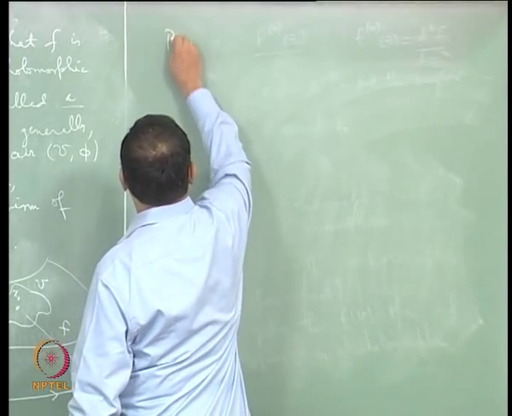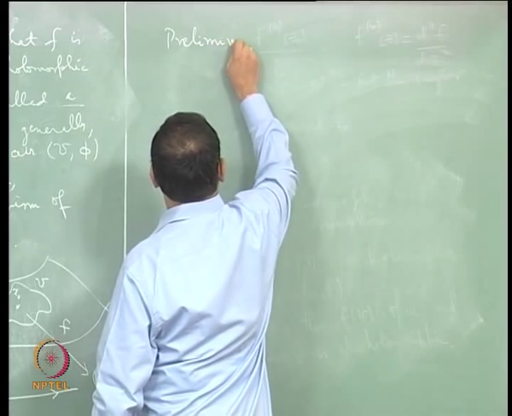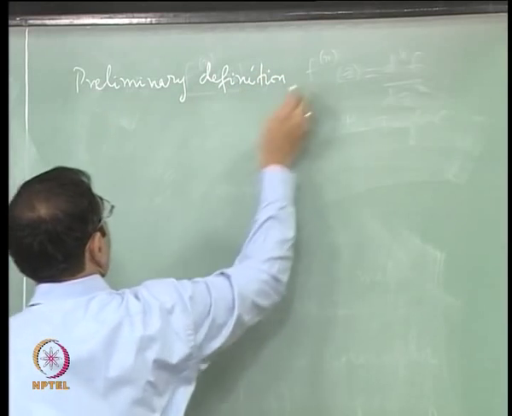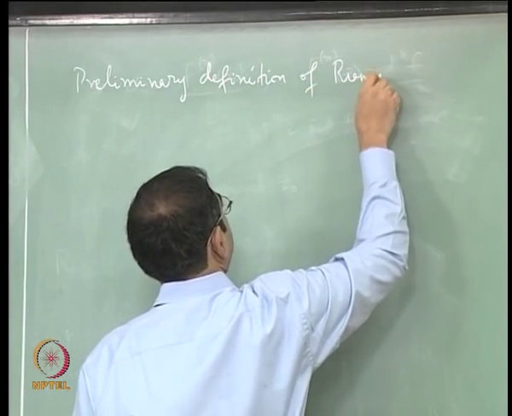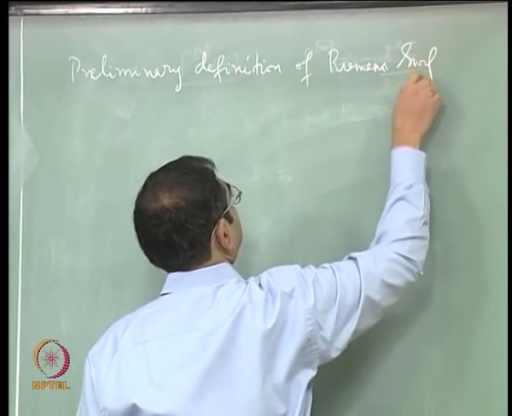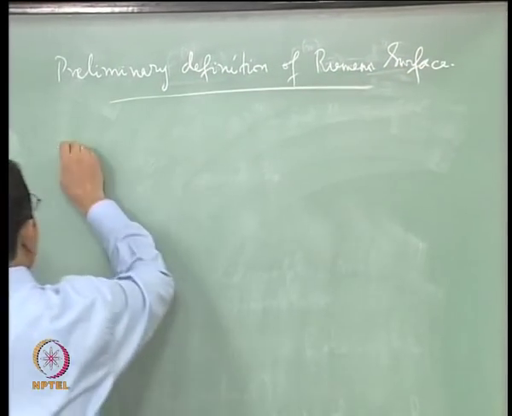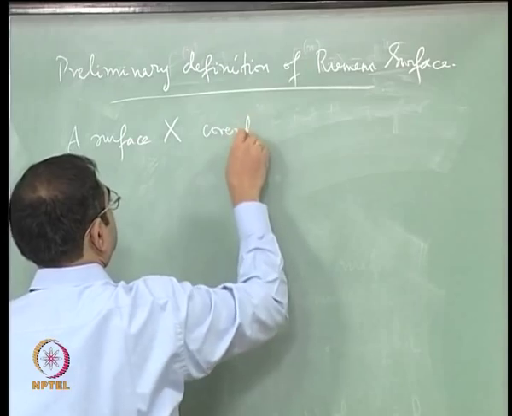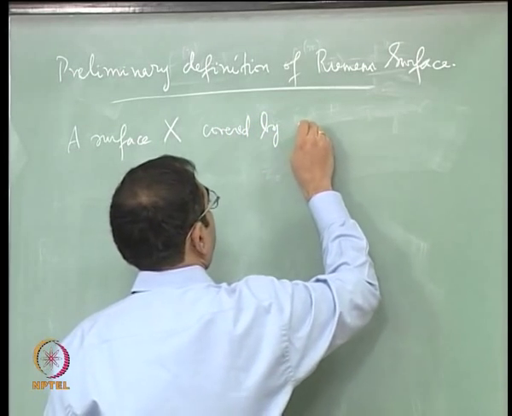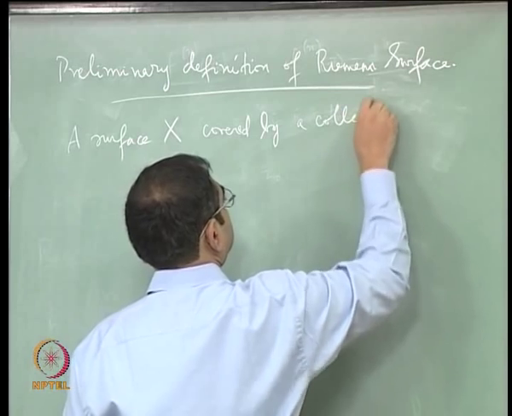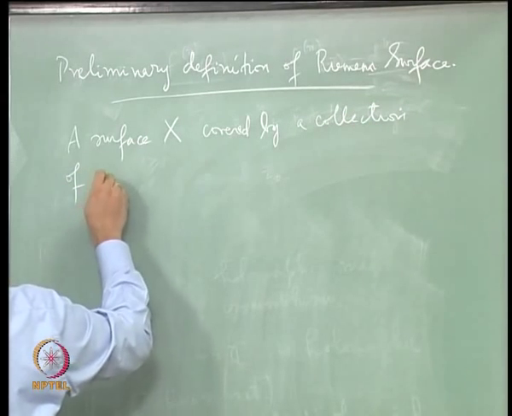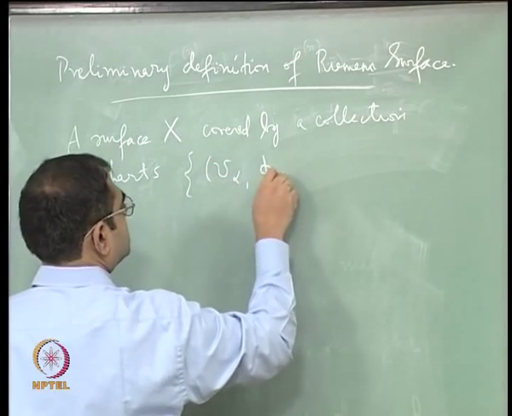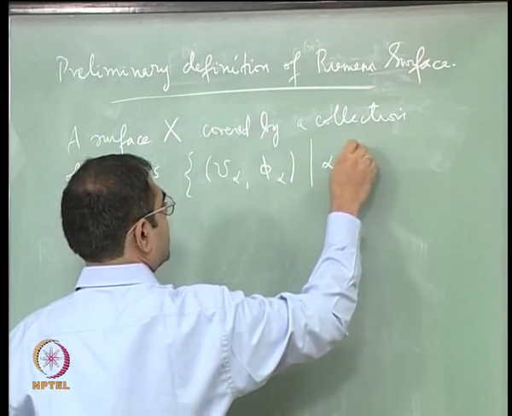So, preliminary definition of a Riemann surface is a surface X covered by a collection of charts (u alpha, phi alpha), where alpha runs over some indexing set.